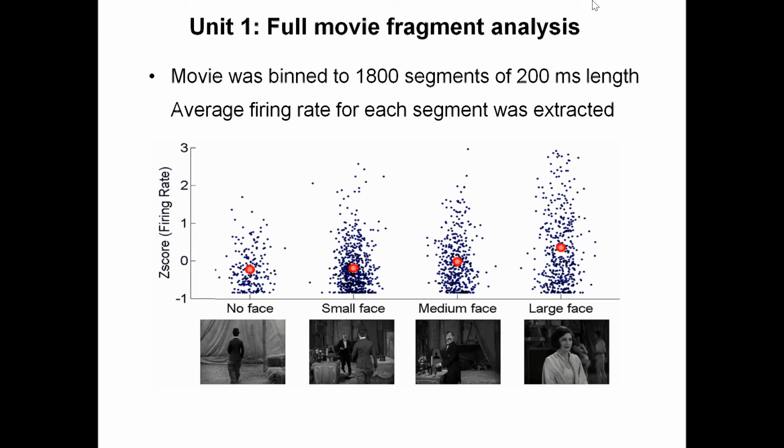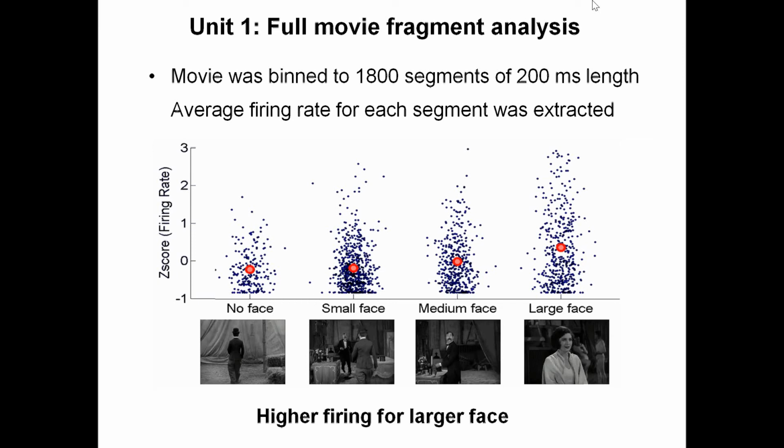Each small blue dot is activity within a single frame, and the red one is the average, and you can see that on average the firing rate was much stronger for large faces than medium faces and smaller faces. Briefly, the higher firing rate for larger faces.